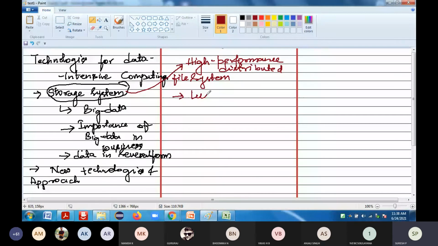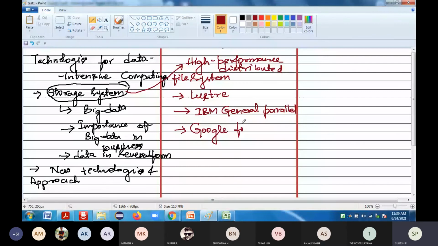Which are used: one is Lustre, second is the IBM General Parallel File System. These are presumably used in the cloud only. Next, Google, to store its own data, makes use of the Google File System.